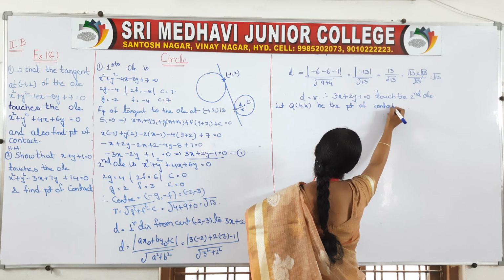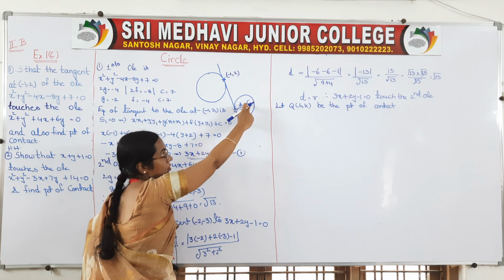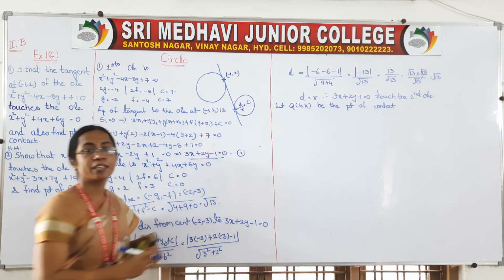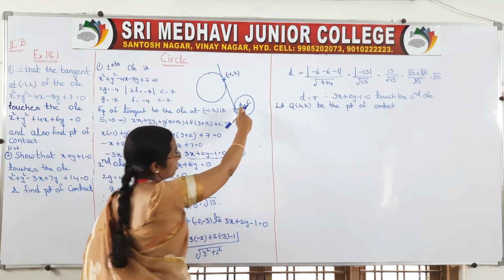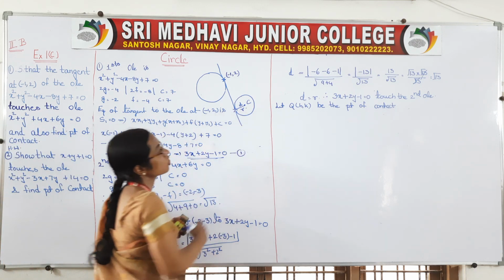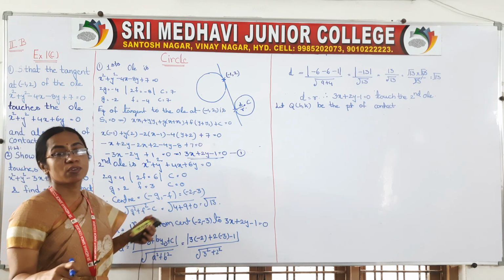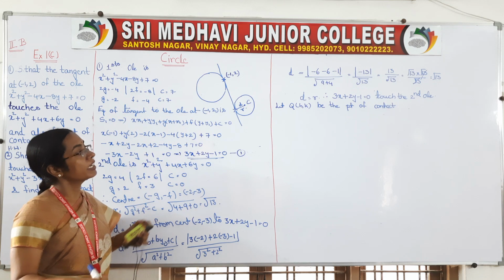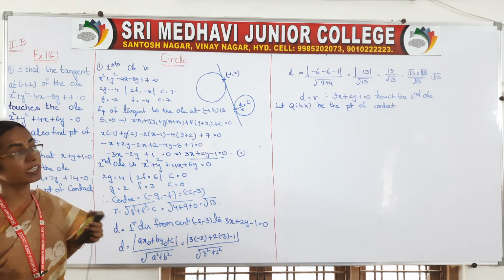Okay, and at the same time observe, this is nothing but the foot of the perpendicular from the center on this line. So earlier you had this theorem: when Q(h, k) is the foot of the perpendicular from (x1, y1) to the line ax + by + c = 0, we have one theorem.